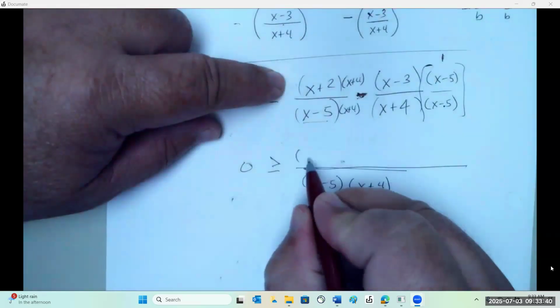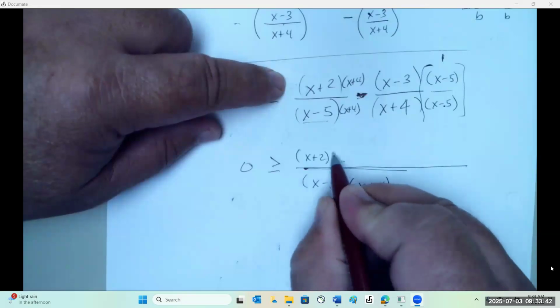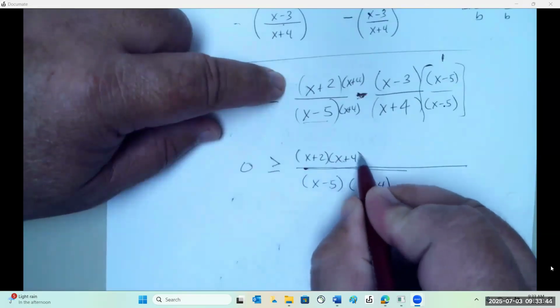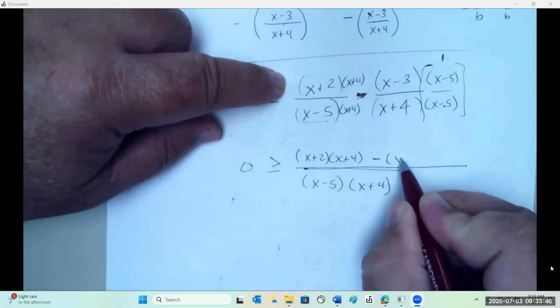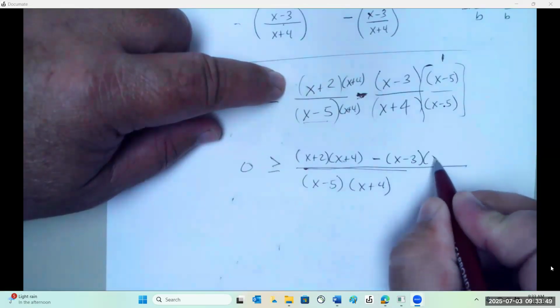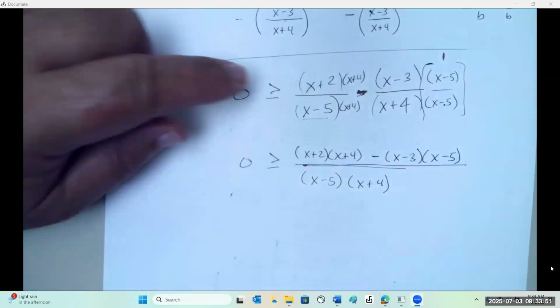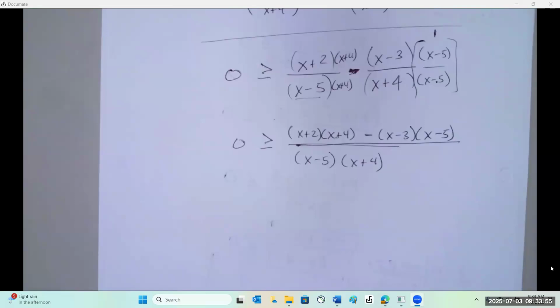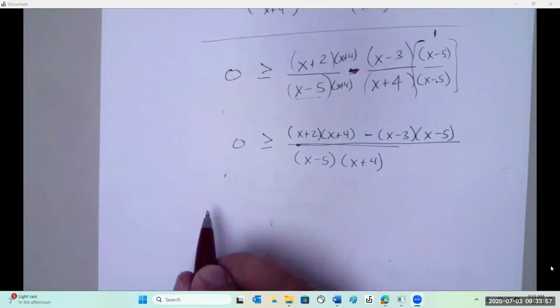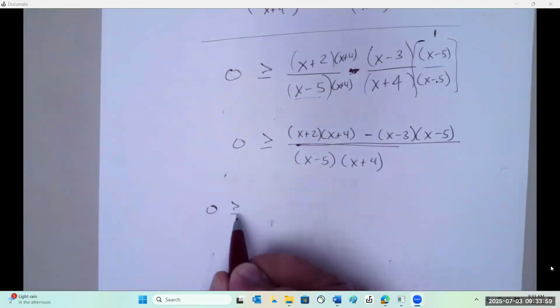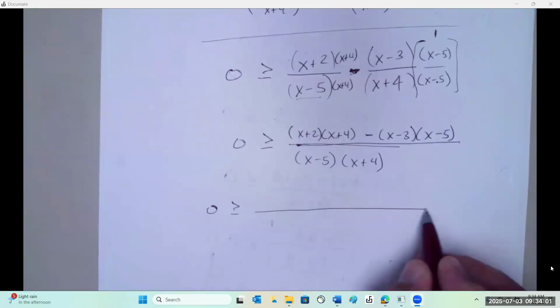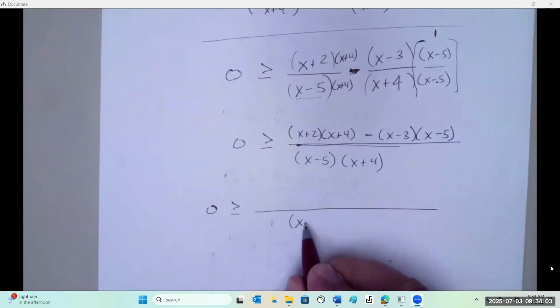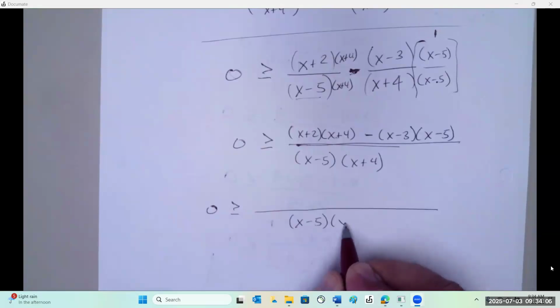So on top, we have x plus 2 times x plus 4 minus x minus 3, x minus 5. Leave the bottom alone. Since it's already in prime factors, leave it that way.